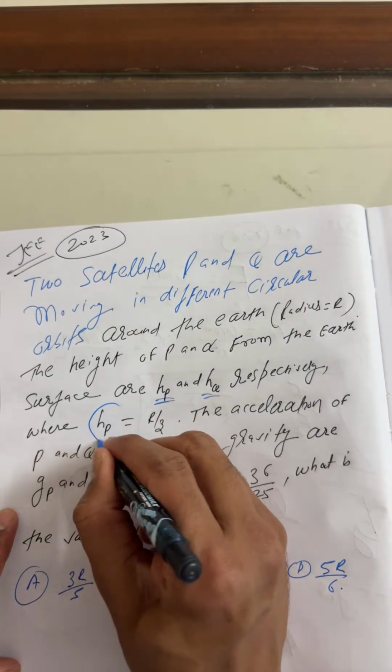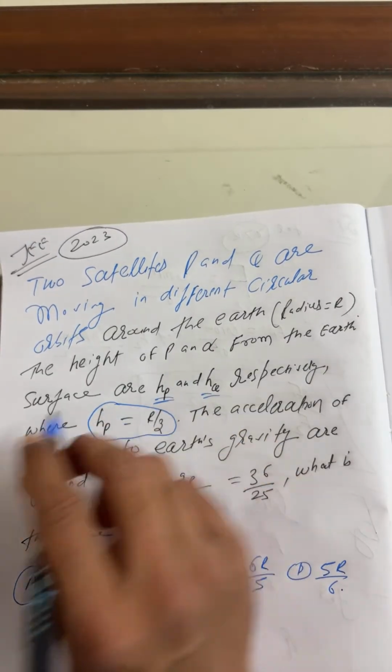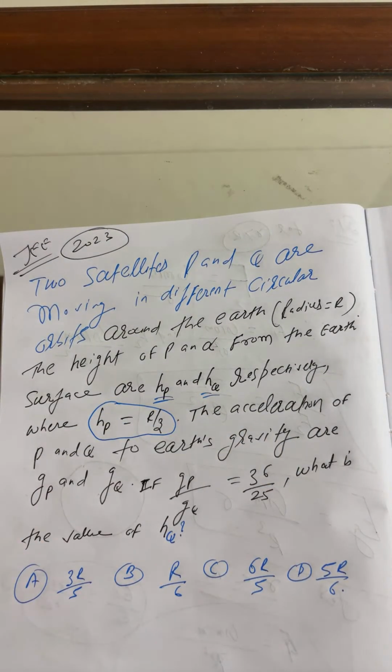Just highlight this point because we will use HP. The accelerations of P and Q due to Earth's gravity are GP and GQ. If GP upon GQ is 36 upon 25, what is the value of HQ? Okay, we wish to find HQ.